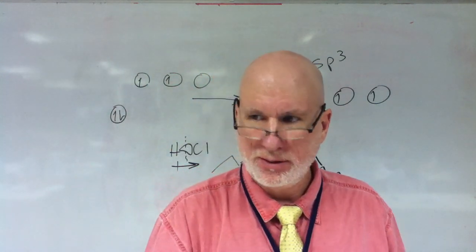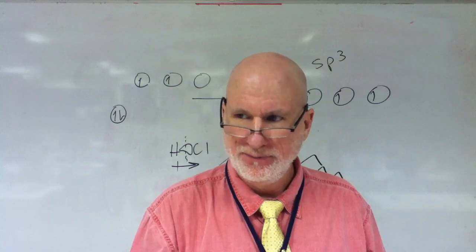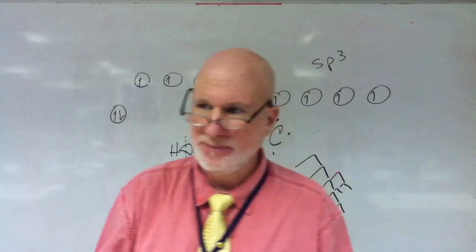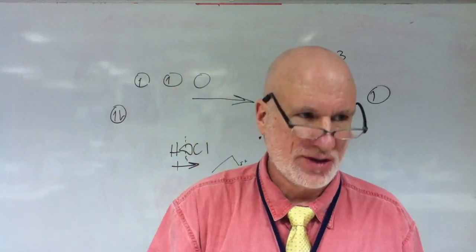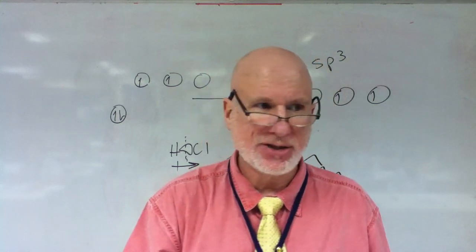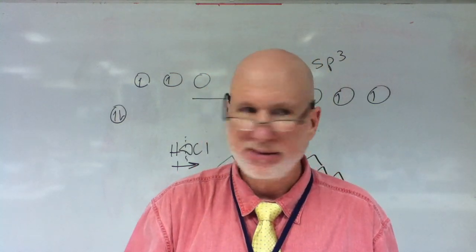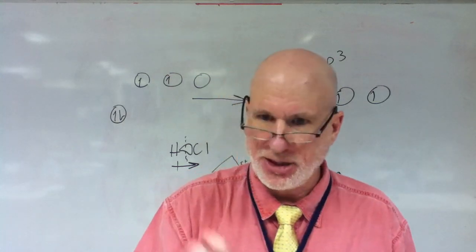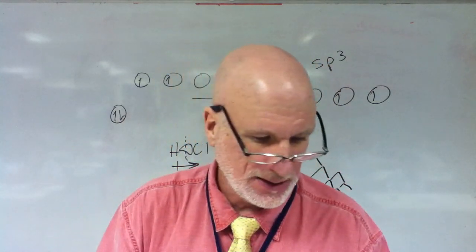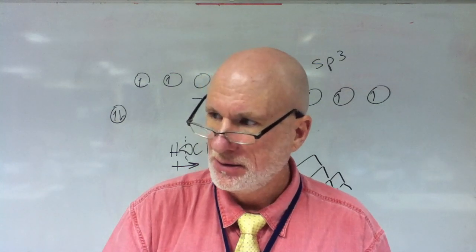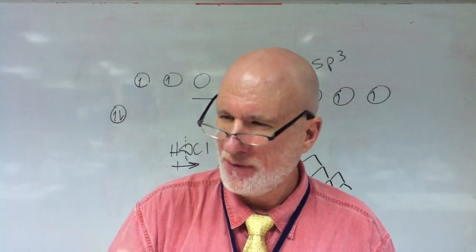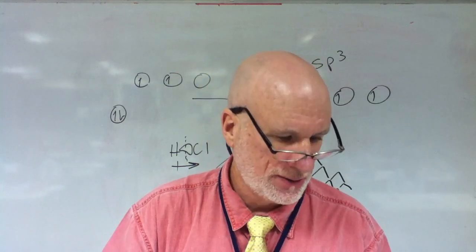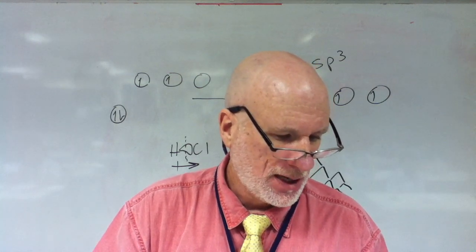We did this Greek prefix system: sulfur dioxide, dinitrogen monoxide, dinitrogen pentoxide, carbon dioxide, carbon monoxide. We use the Greek system for covalent compounds, or we'll call them molecules. What else?